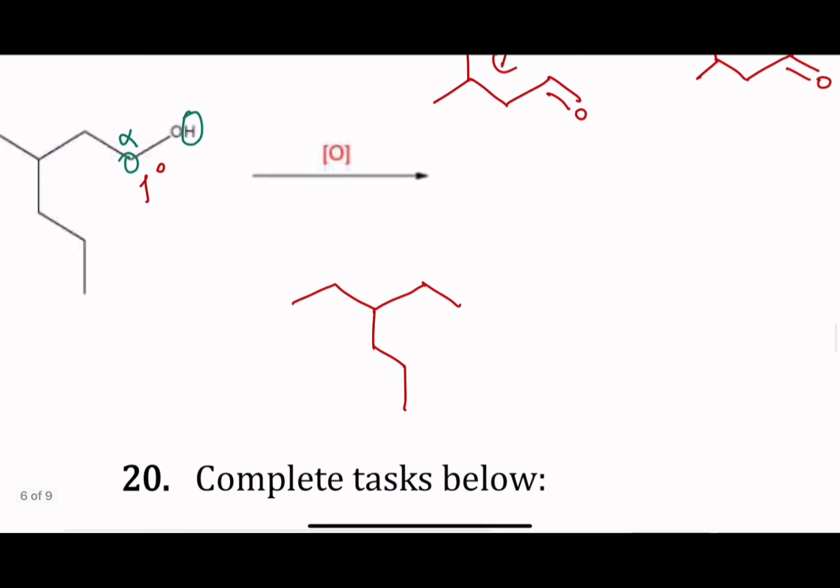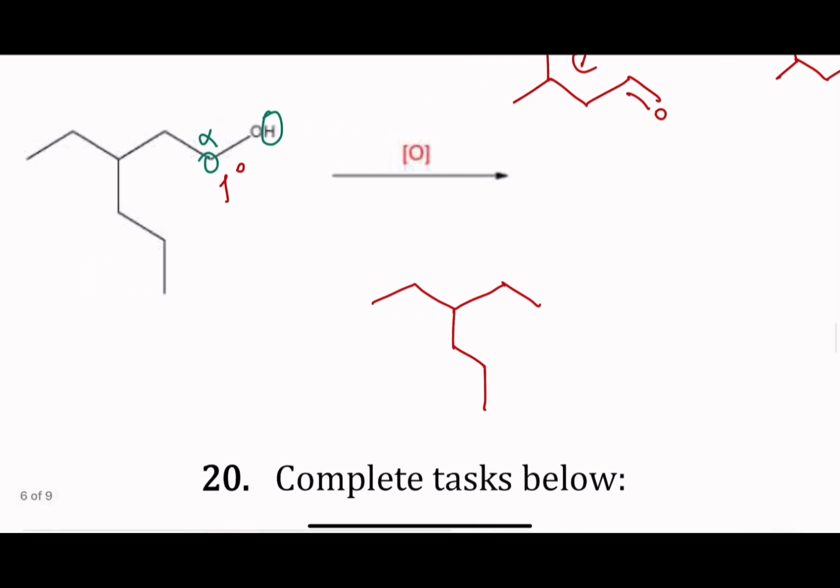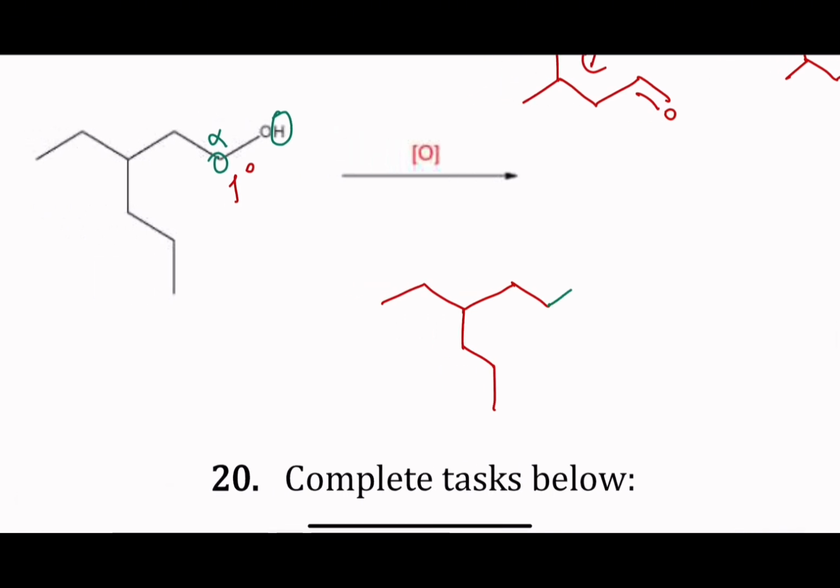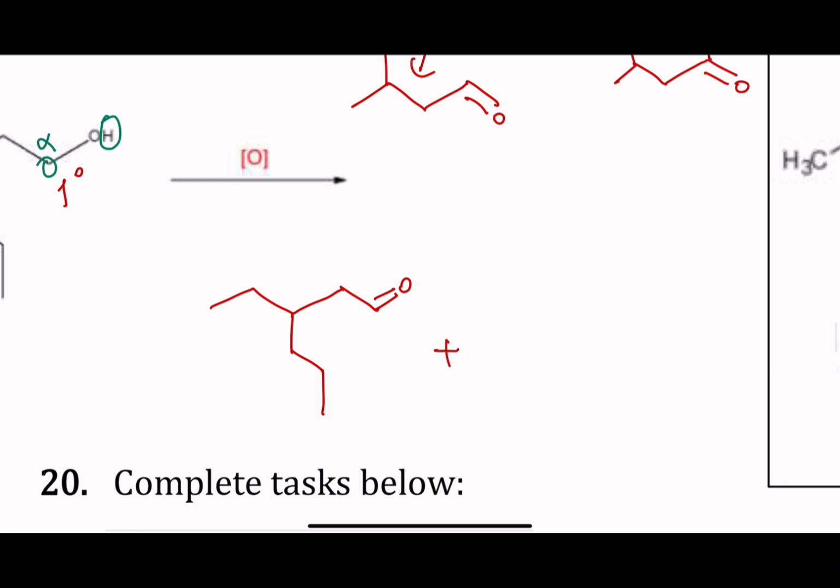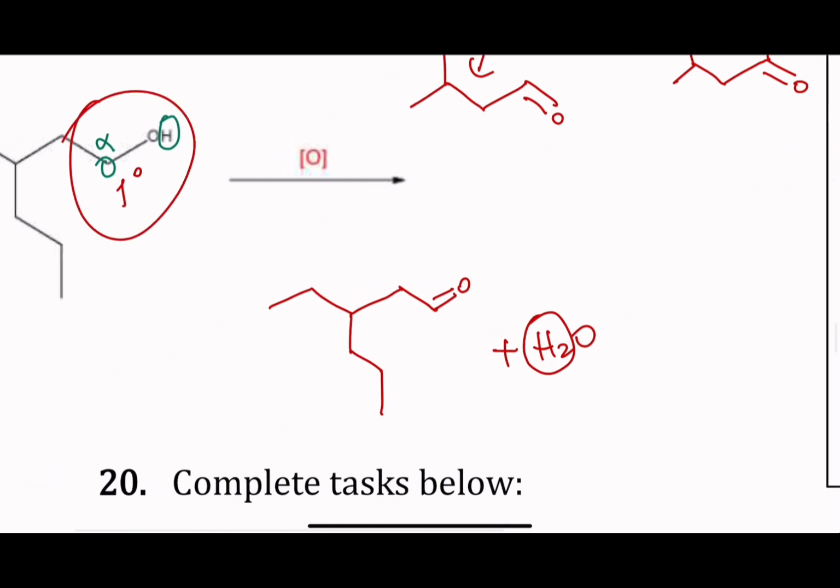So 2 hydrogens are lost. So you made in here, sorry, let's make it with red. There you go. And the side product for oxidation, you have H2O. This H2 is coming from these 2 hydrogens I talked to you about, and this oxygen combines and they make a water.